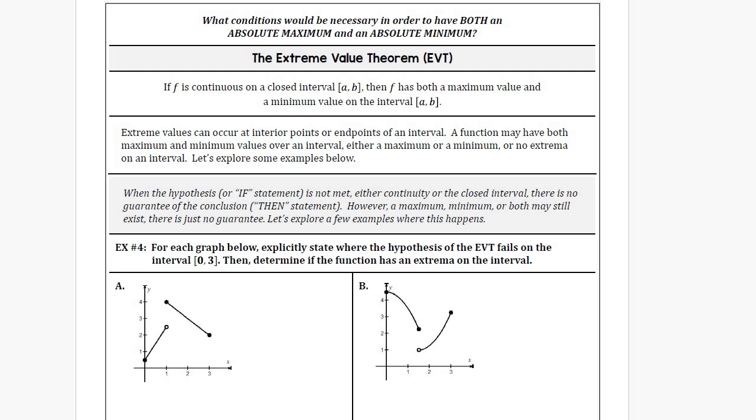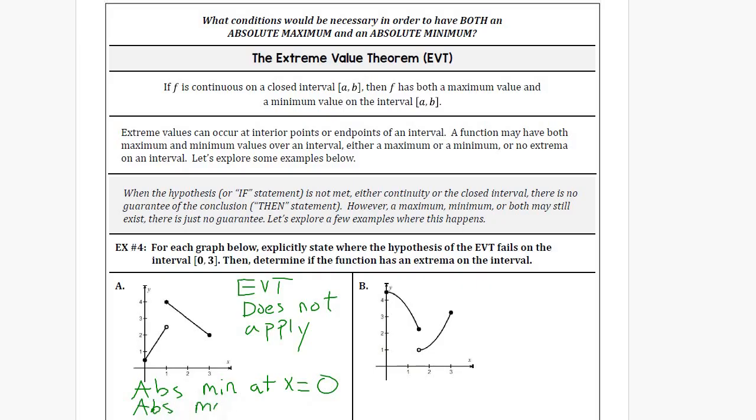So note on this one, EVT does not apply. However, it does have an absolute min at x equals 0 and an absolute max at x equals 1.